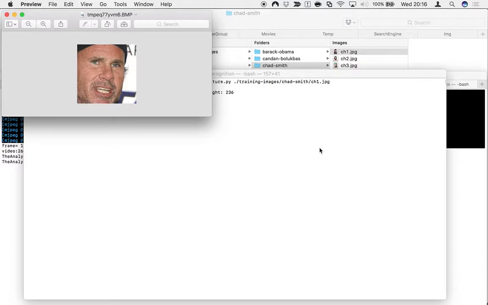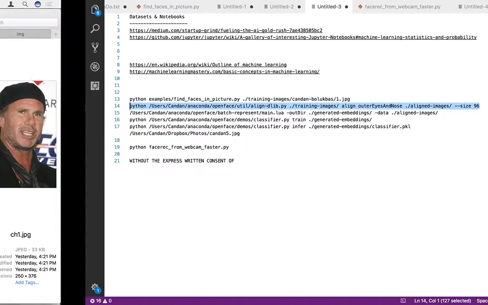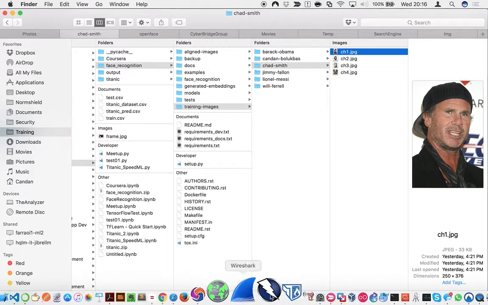Finally, we are in a position that we can extract faces from all the images. So that's what we need. First of all, we need the faces, right? And then we're going to use the training algorithm, which is, again, the OpenFace library, to align the faces. This actually aligns the faces for a proper representation.